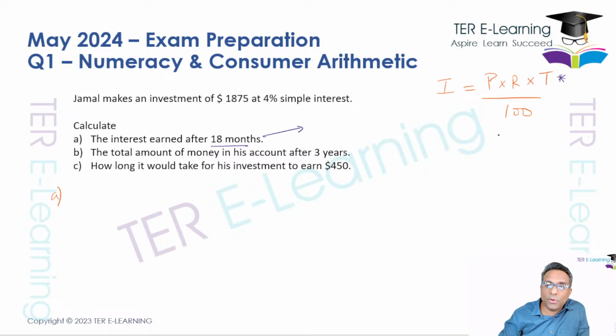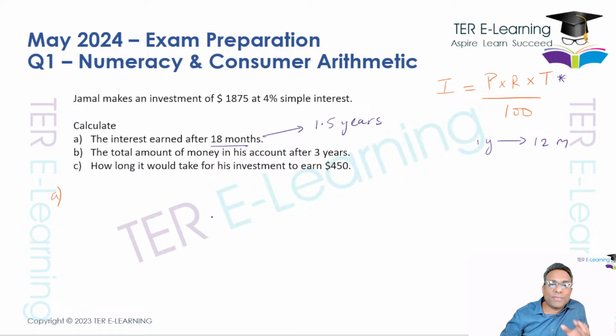If you all know what a year is, 1 year is actually 12 months. So if you have 18 months, that's going to be 12 months plus 6. So this is actually 1.5 years.